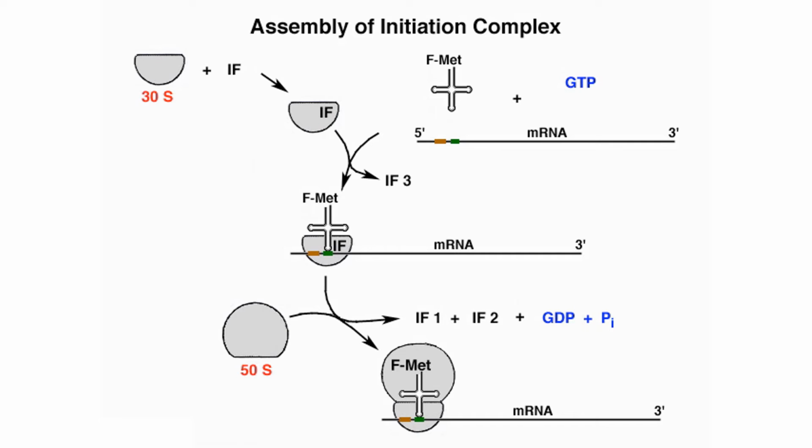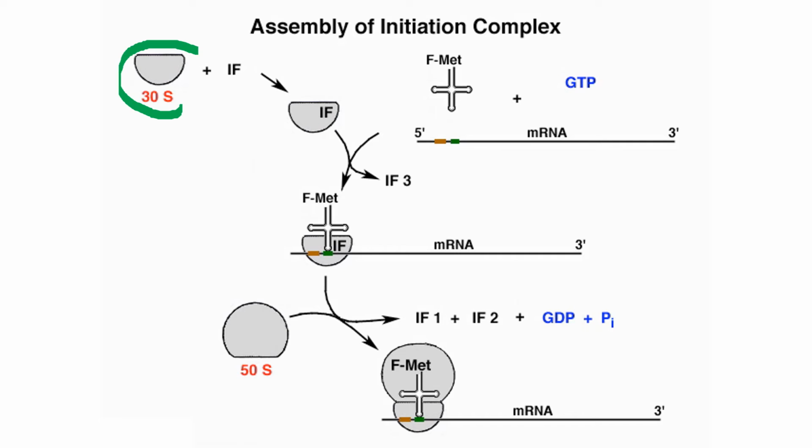So what we're looking at here is a figure that shows us visually the complex process of ribosomal assembly that must occur prior to the initiation of protein synthesis. Here's the 30S ribosome.